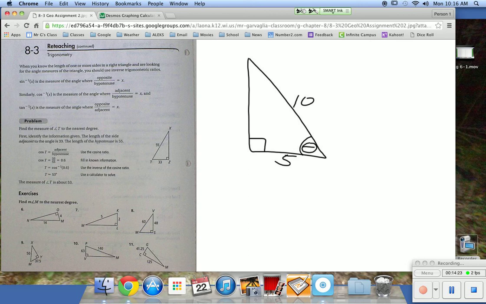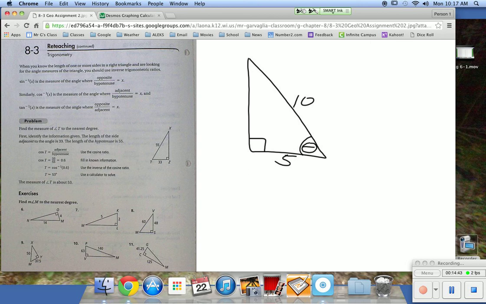We've worked on how to find sides when we have theta. But how do we find theta? Well, first we have to know what function we're working with. We've got a hypotenuse and an adjacent.